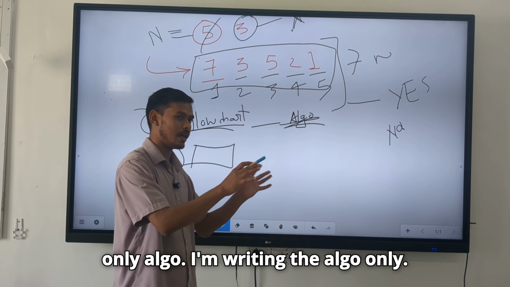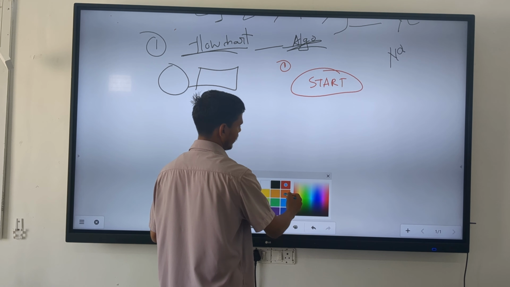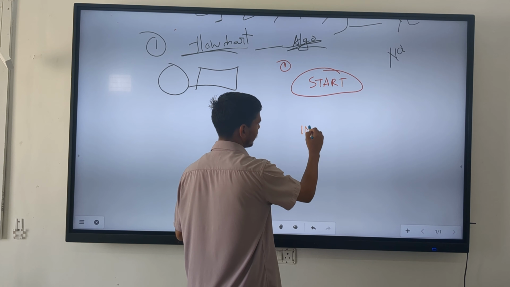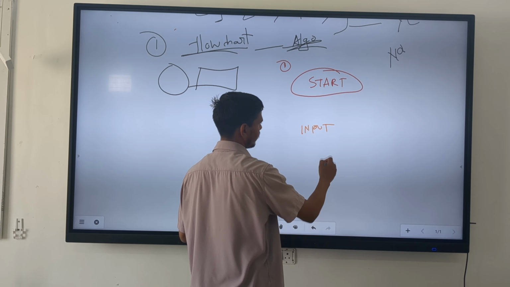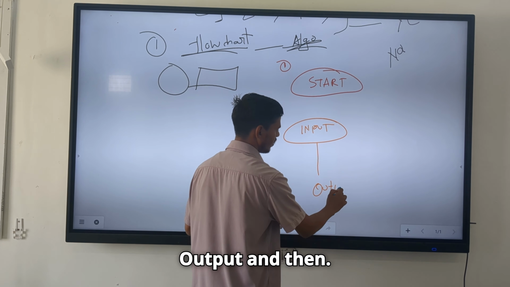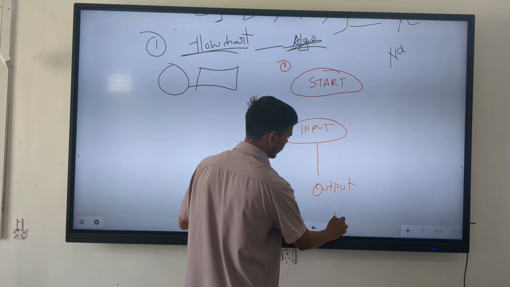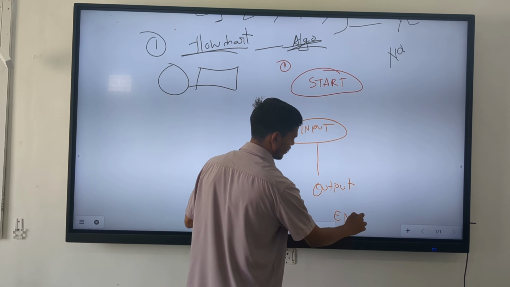What is the first step of the flowchart? First, start. Then what do we have? Input, then output, and then end.